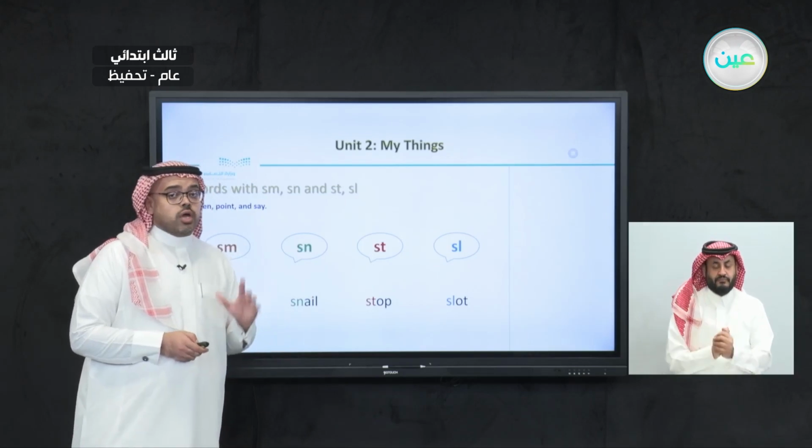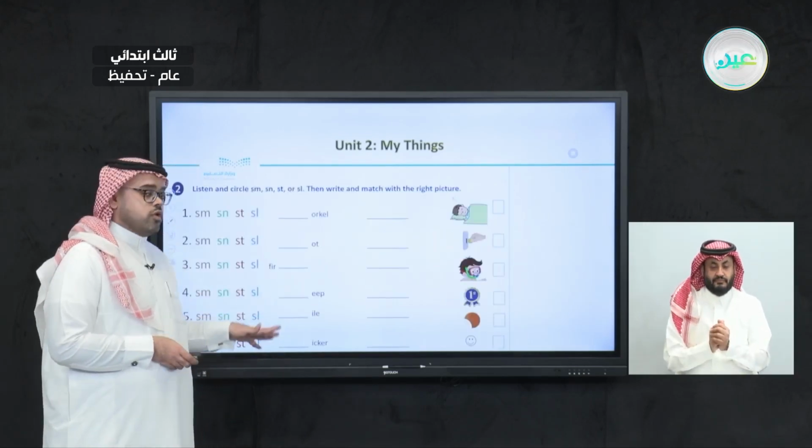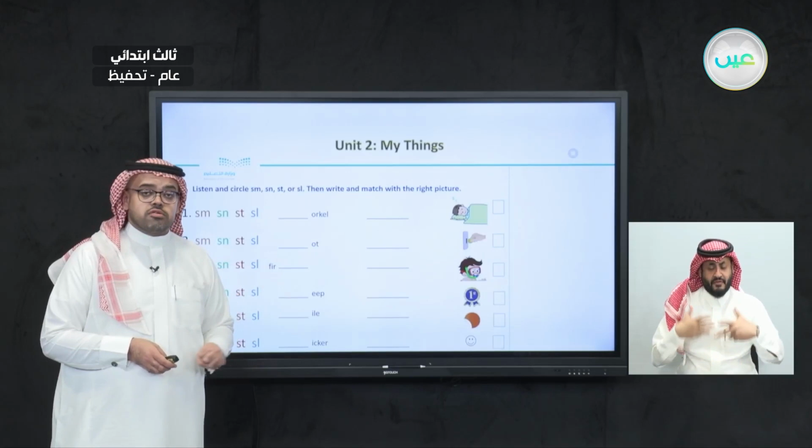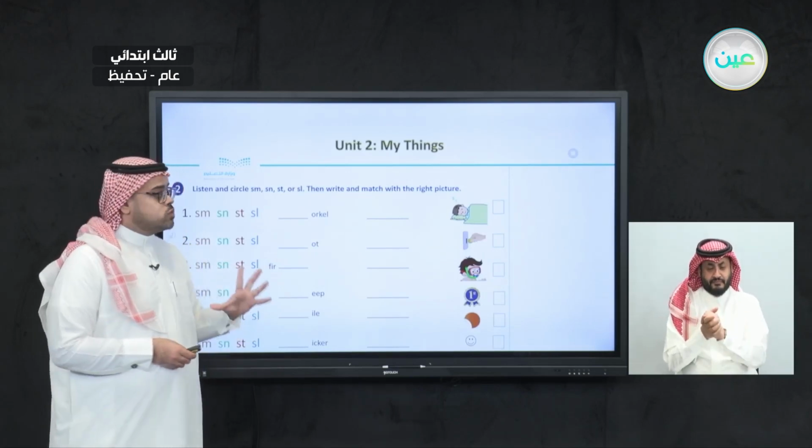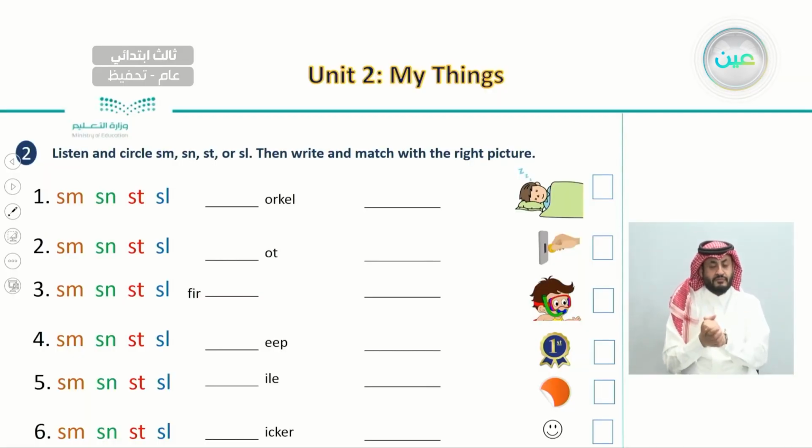So now we're going to move on to this interesting exercise where we're going to listen to 6 different words that start with either SM, SN, ST or SL.